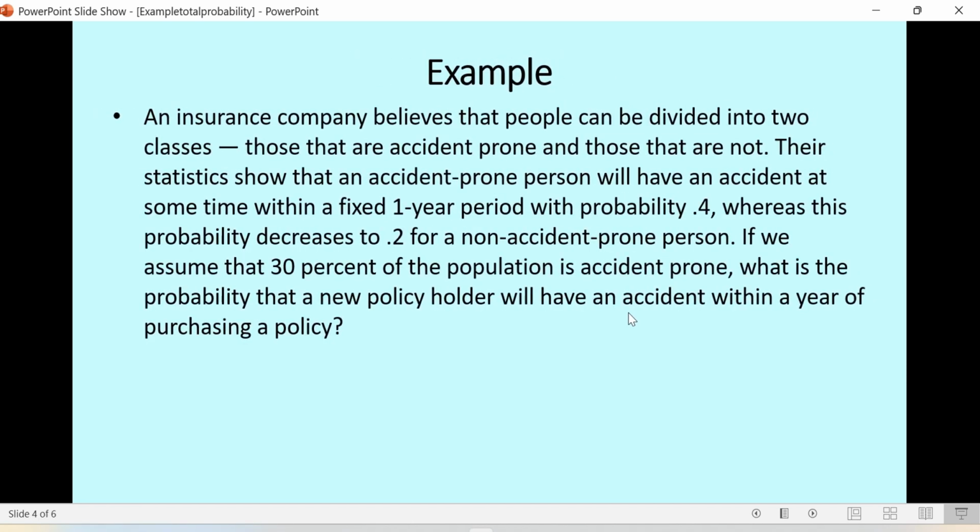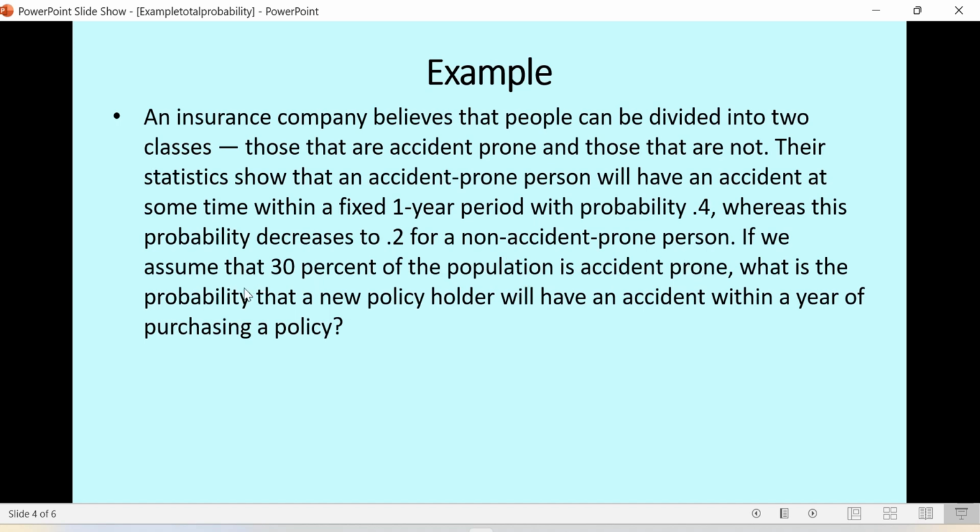Next we show an example. An insurance company believes that people can be divided into two classes, those that are accident prone and those that are not accident prone. The statistics show that an accident prone person will have an accident within a fixed 1 year period with probability 0.4, whereas this probability decreases to 0.2 for a non-accident prone person.